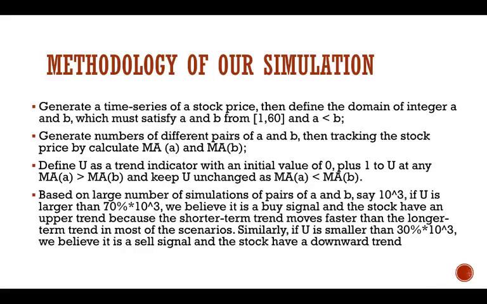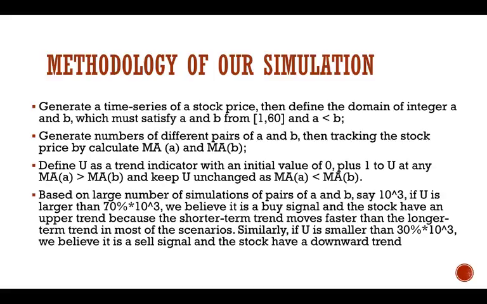The third step, define U as a trend indicator with an initial value of 0, add 1 to U any time MAA is bigger than MAB, and keep U unchanged when MAA is smaller than MAB.